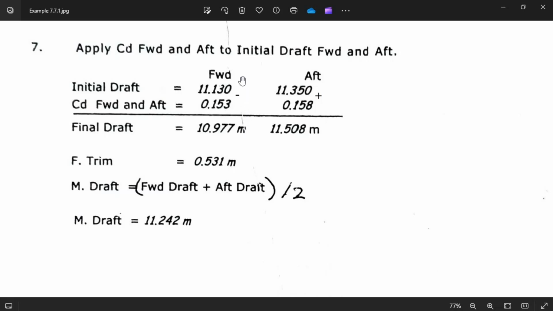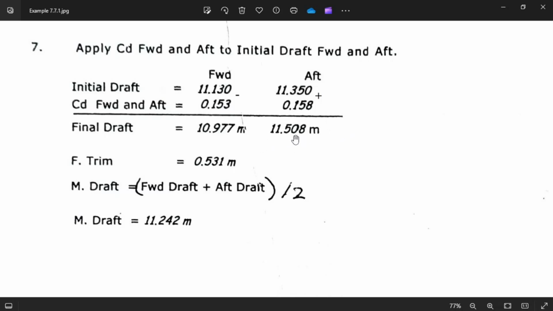If aft will sink, then you add. So 11.130 minus 0.153 is 10.977, and 11.35 plus 0.158 will be 11.508.